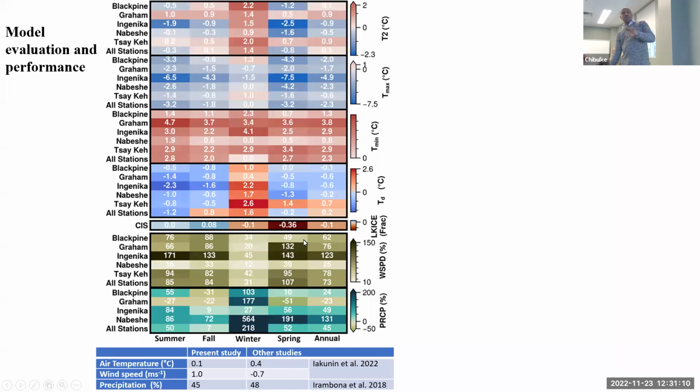On the annual scale, the air temperature bias is 0.1 degrees. The wind speed is 1 meter per second different because we predicted higher wind speeds. The precipitation is still within a factor of 2 in percentage terms. Most of the biases are during winter, where you have this strong forcing of synoptic data.